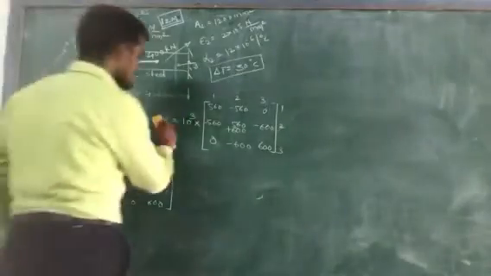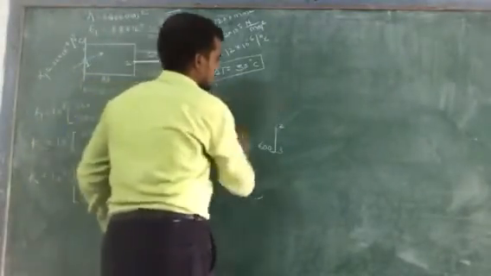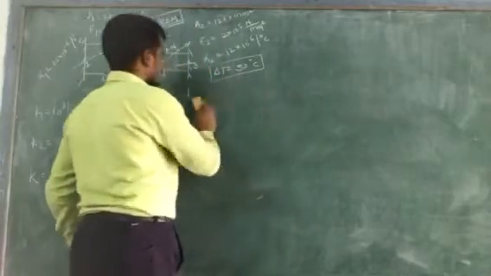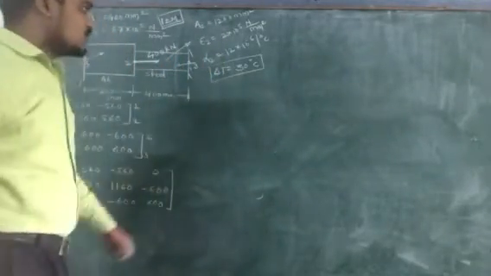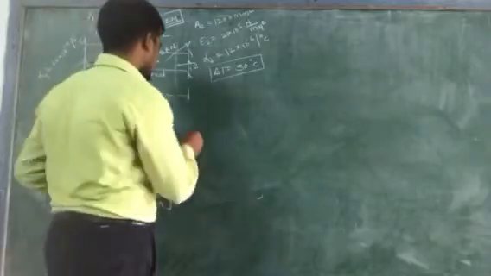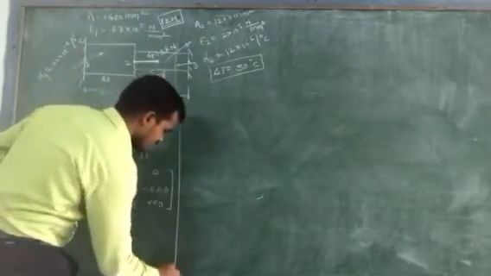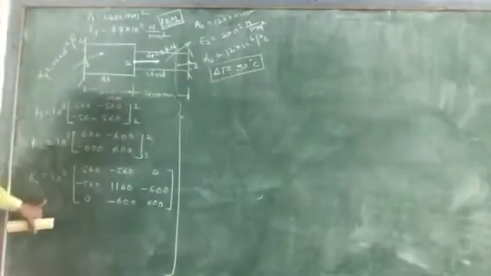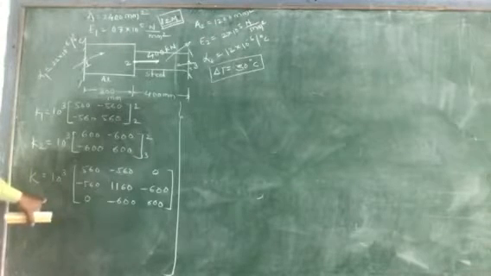Okay, now next is what? Now this is your global stiffness matrix. Up to global stiffness matrix we have discussed it.